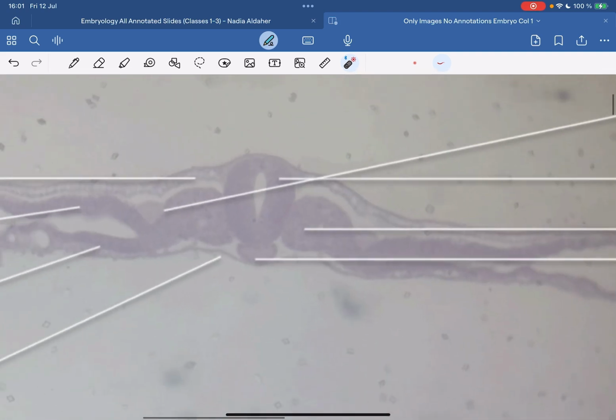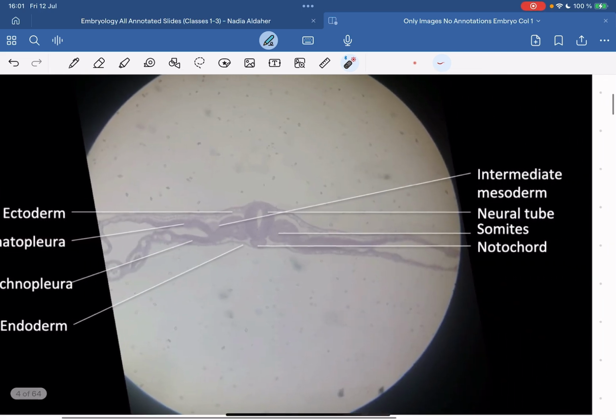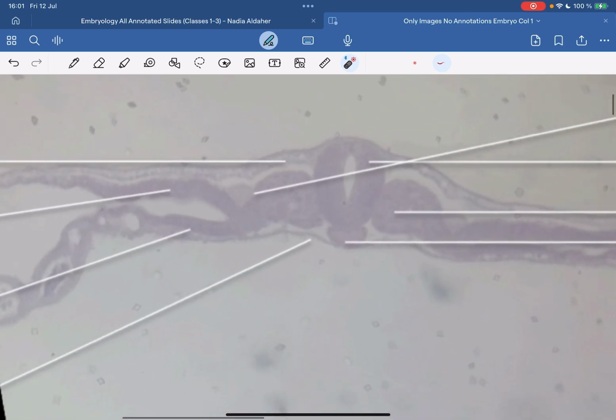Here I would say, because I don't see any opening in it, this would be more of a nephrotome. The person said intermediate mesoderm. I would say this is more intermediate mesoderm, and this would be the nephrotome.